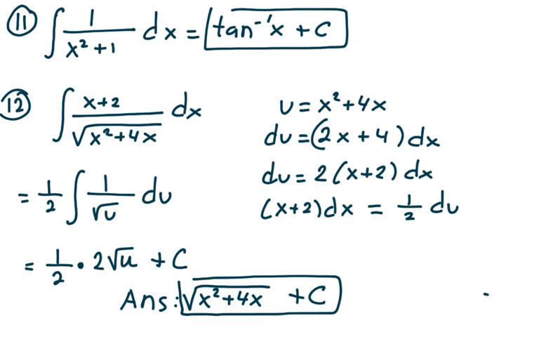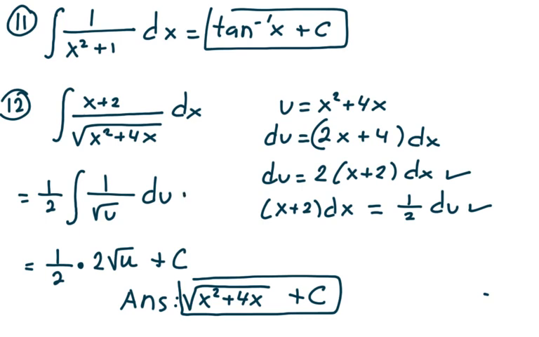Factoring out the 2, you can see that du is 2 times the quantity x plus 2 dx. All right? And then I'm going to divide both sides by 2, and I'm going to say x plus 2 dx can be written as 1/2 du.